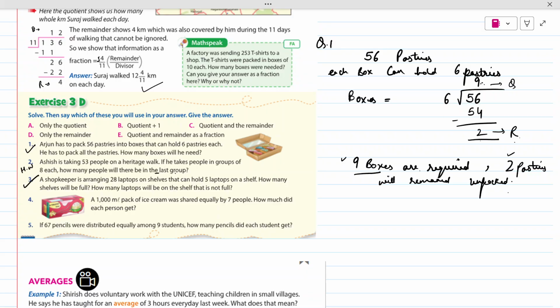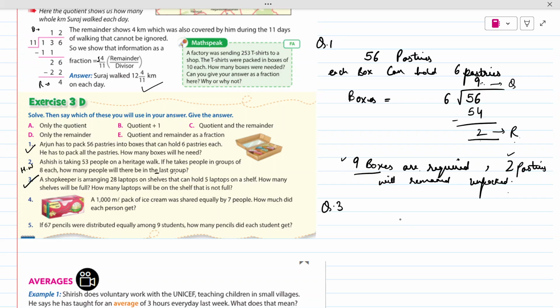Now coming to question number 3, I am solving here. A shopkeeper is arranging 28 laptops on shelves that can hold 5 laptops each. So the shopkeeper has 28 laptops and has to arrange them on shelves where one shelf can hold 5 laptops. We have to see how many shelves will be full and how many laptops will be left behind, or how many laptops will be on the shelf that is not full.